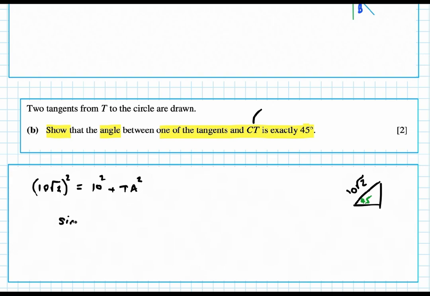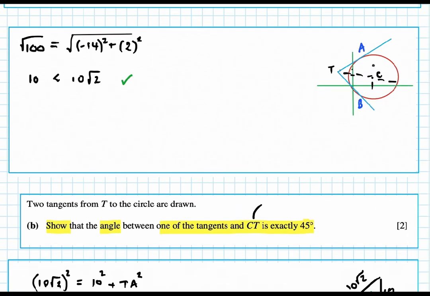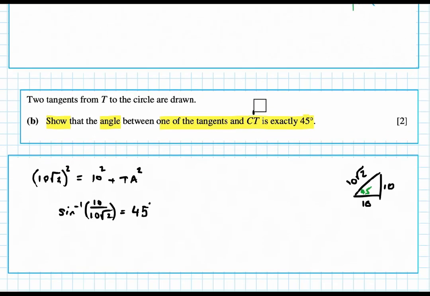To rearrange that, we can use opposite over hypotenuse. So the inverse of sine, 10 over 10 root 2, and that should be equal to 45 degrees. And you can recheck it if you want. It makes sense, using your Pythagorean theorem there. That's part B.